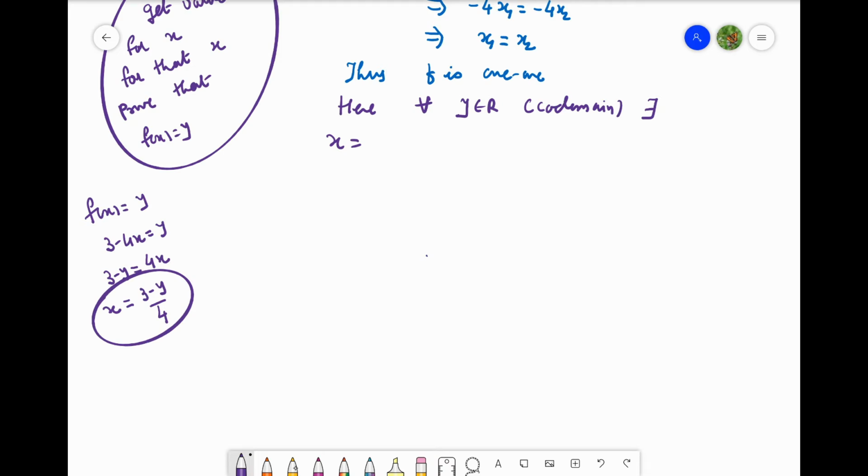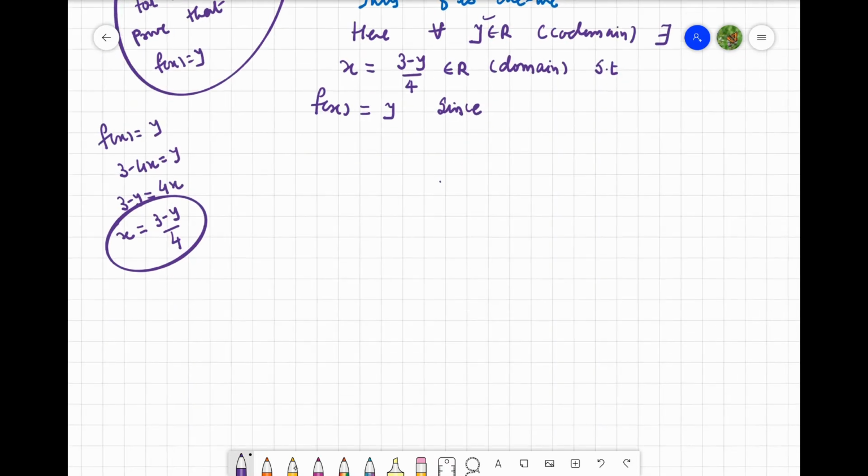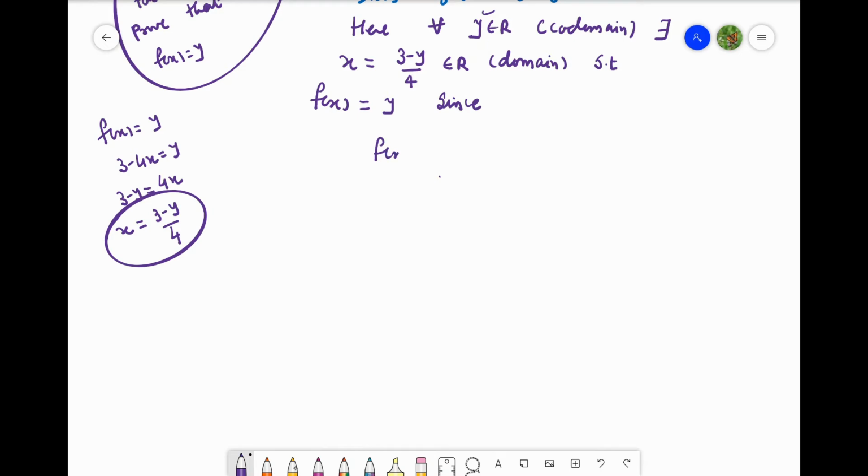So here for each y belongs to R codomain, there exists x equal to (3 minus y) by 4 belongs to R domain such that f of x equal to y. Let us prove f of x equal to y. For y we have taken x equal to (3 minus y) by 4.